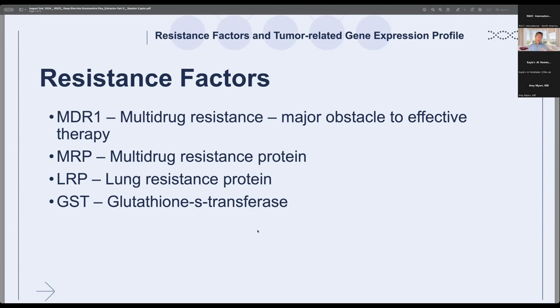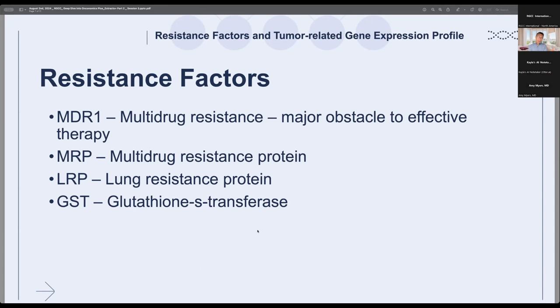The way they do that is they have a pump that effluxes the toxic agents that are targeting them. They have the ability to efflux more than the usual. So that's how they can escape being destroyed.